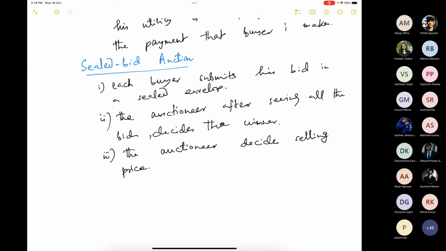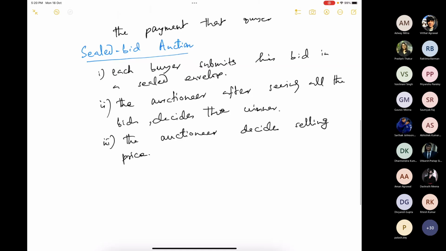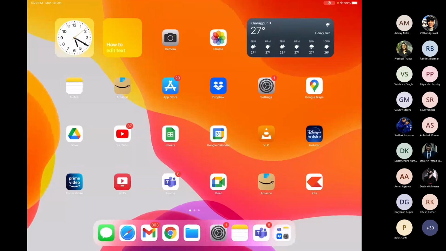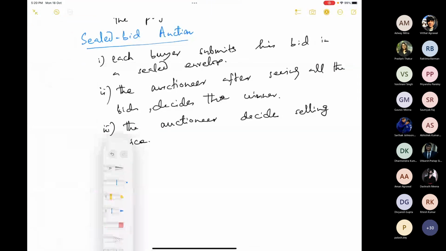If there is any tie, there is some tie breaking rule, maybe lexicographic order of the names, or maybe randomly one of the highest bidders will be picked as the winner. And the third step is typically implemented as the winner is asked to pay his or her own bid. And that is what is called first price auction.